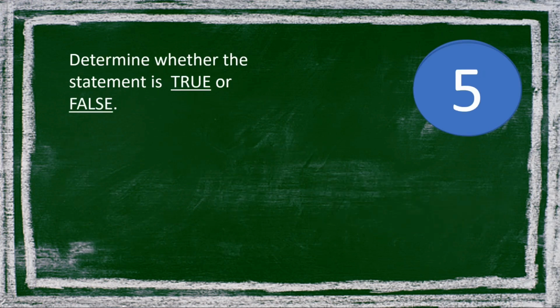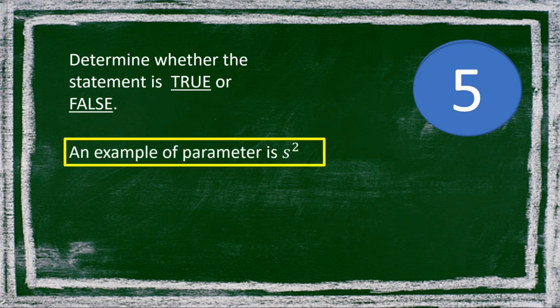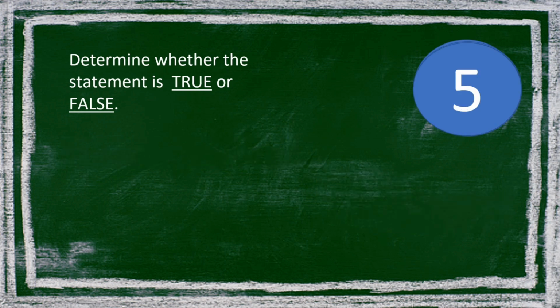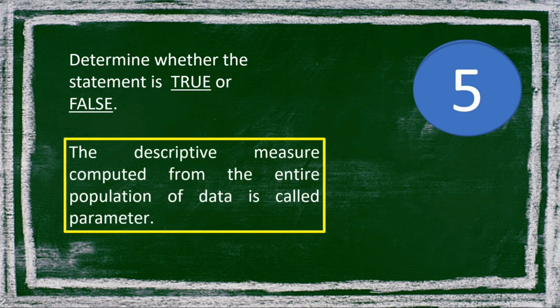Next item. An example of a parameter is s squared. Time's up. The answer is false. Next item. The descriptive measure computed from the entire population of data is called a parameter.